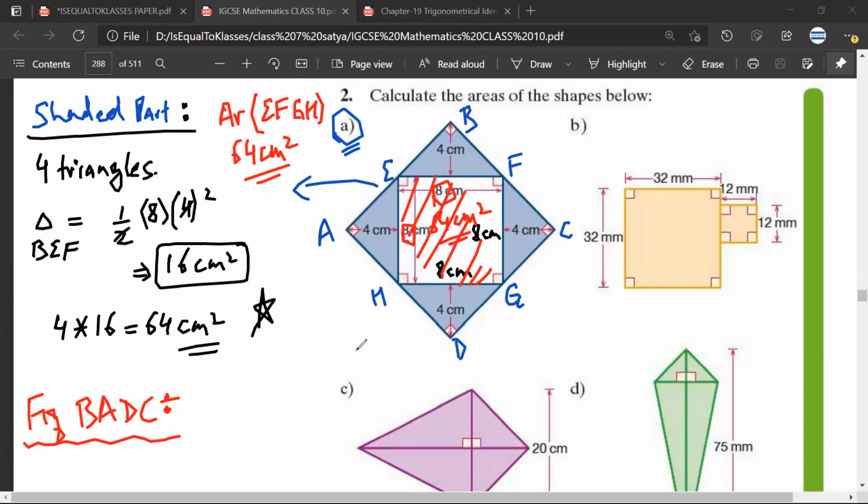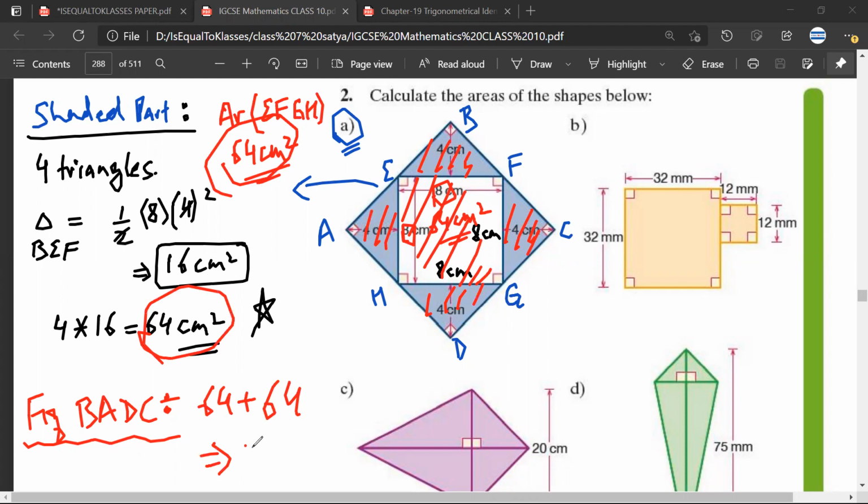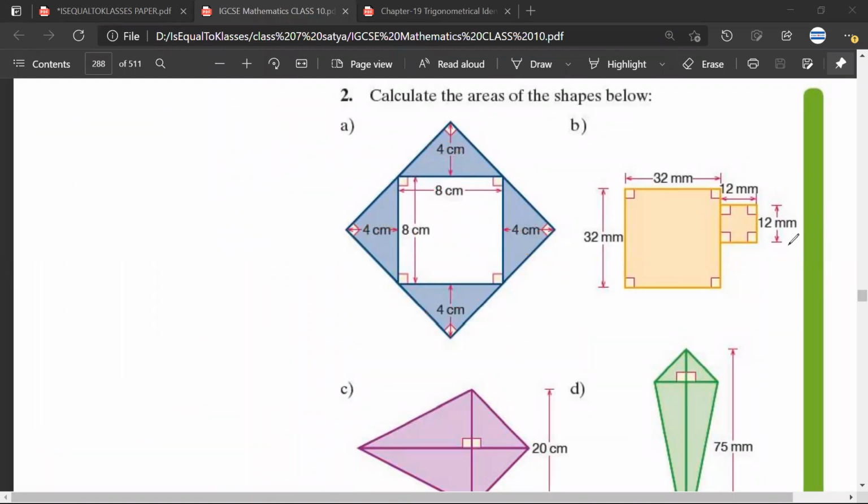Now I have two areas. This and this one I have already found. So 64 plus 64, if I add the two, it will be 128 centimeters square. Mr. Sarthak, any doubt? No, sir. Mr. Satya, any doubt? No, sir. See, this is a good question. You should try to revise this again. It's a pretty good question.